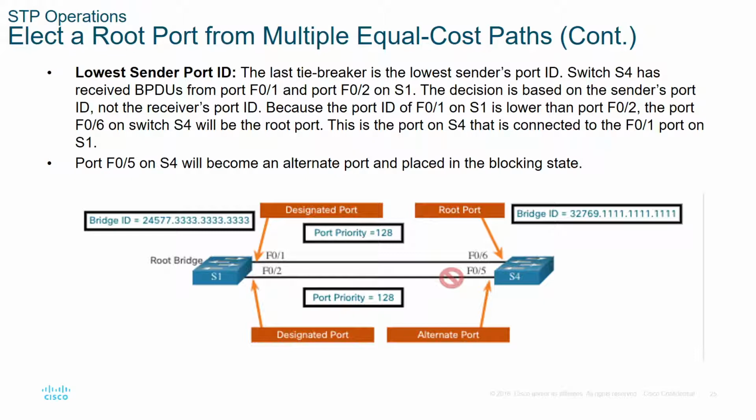Because the port ID of Fast Ethernet 1 on S1 is lower than Fast Ethernet 2, the port Fast Ethernet 6 on switch S4 will be the root port. This is the port on S4 that is connected to the Fast Ethernet 1 port on S1. Port Fast Ethernet 5 on S4 will become an alternate port and be placed in a blocking state.